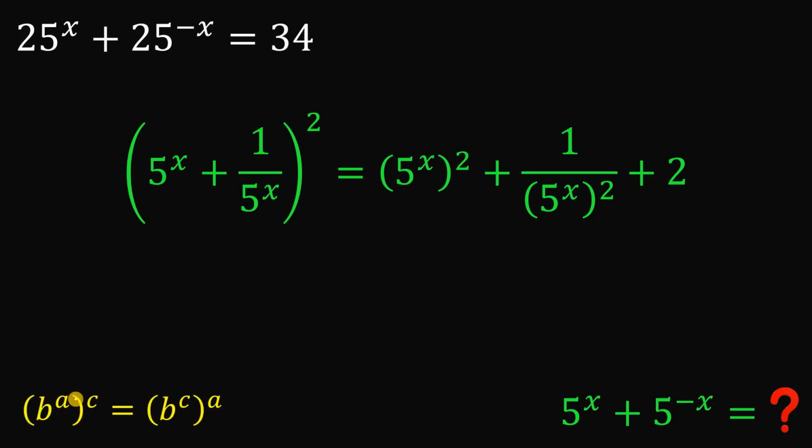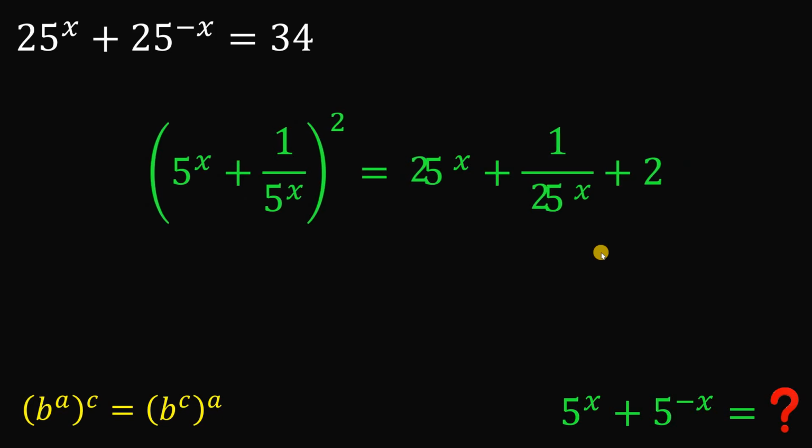Take note, when we have b raised to the power of a raised to the power of c, we can rewrite this as b raised to the power of c raised to the power of a. So we can interchange the exponent. Therefore, this expression, we can rewrite this as 5 raised to the power of 2 raised to the power of x. Similarly, we will do the same thing to this expression. And 5 squared, we know the value of 5 squared.